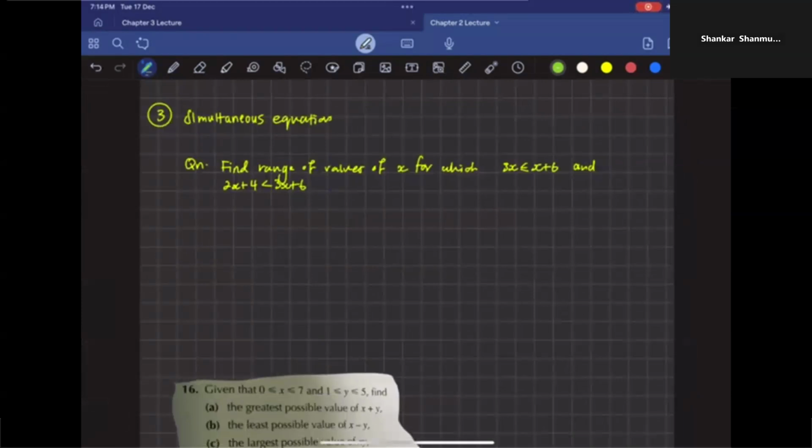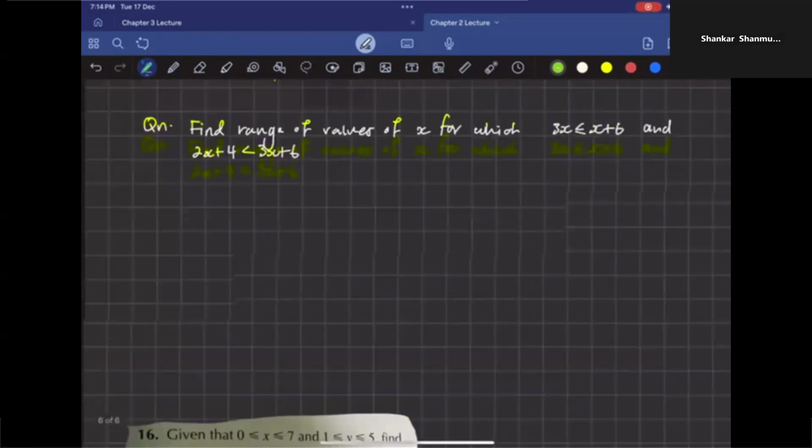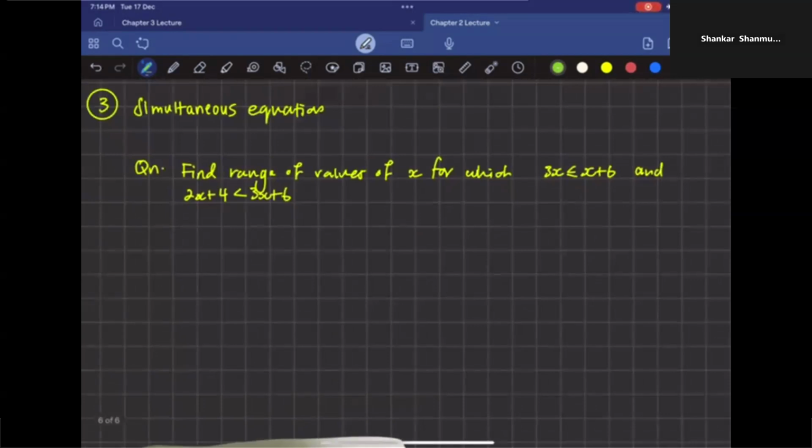So it's the same thing as we have learned before, just that now you have two different equations, and you need to find a range of values given the two different equations. So you have your first equation where 3x is less than or equal to x plus 6. When you simplify this, you'll get 2x is less than or equal to 6, x is less than or equal to 3.